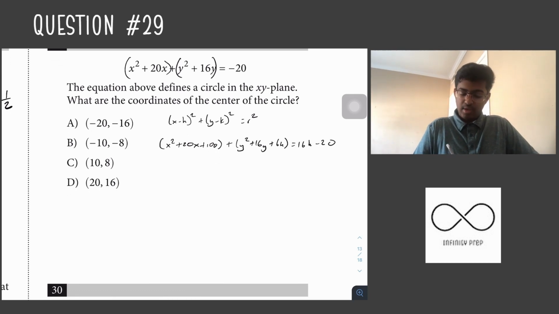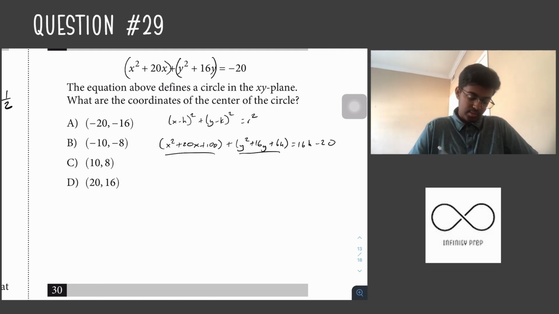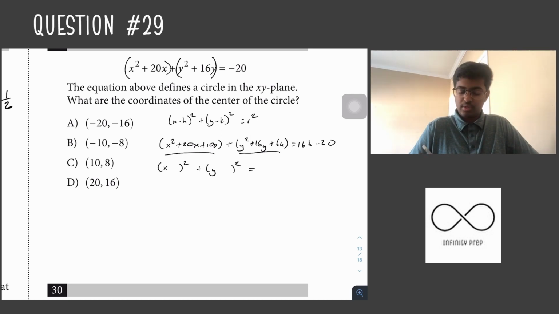Now that we have these two expressions underlined here, we have to put them into the form x minus h squared. We need to factor. So x squared plus y squared equals 164 minus 20 is 144.